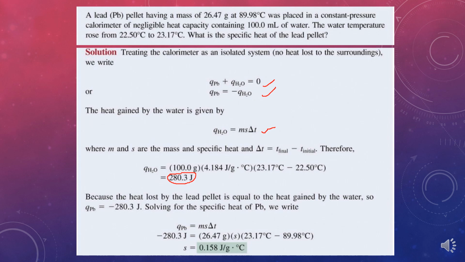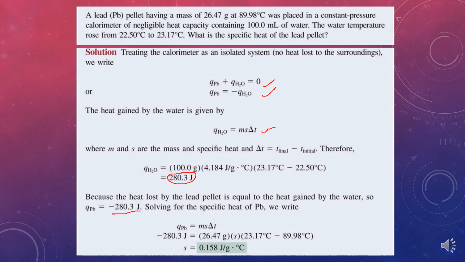Because the heat lost by the lead pellet is equal to the heat gained by the water, heat of lead equals negative 280.3 joule. Solving for the specific heat of lead, we write the equation heat of lead equals M times C or S times delta T.